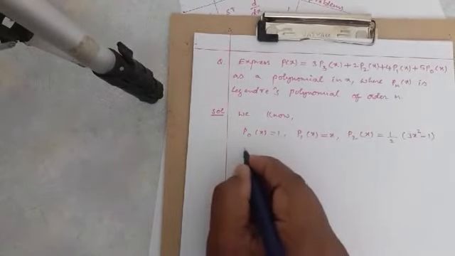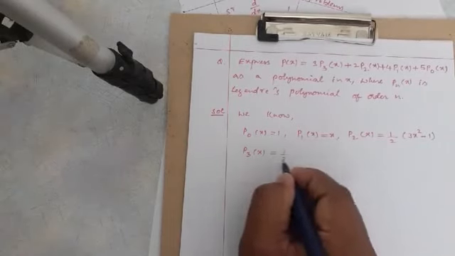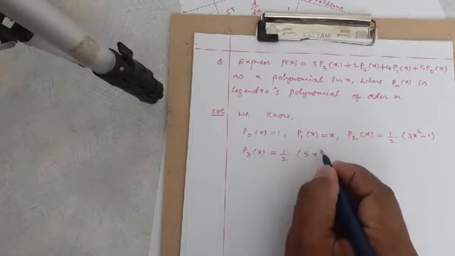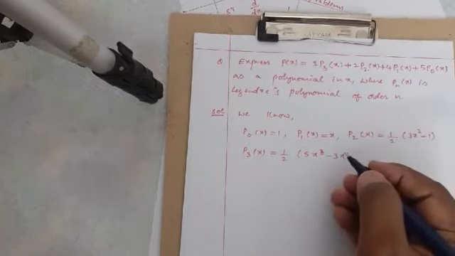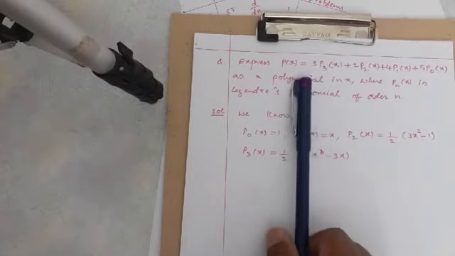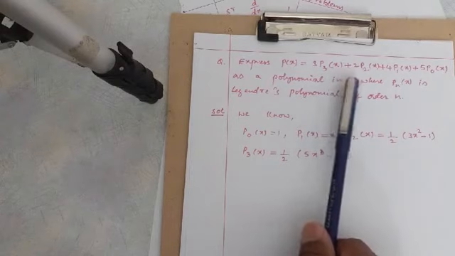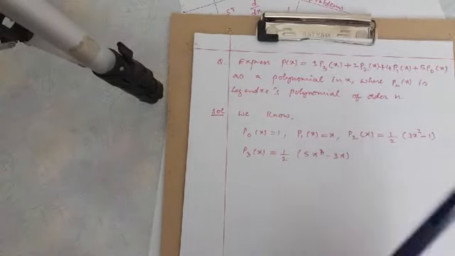Then P3(x) is 1/2 (5x cube minus 3x). Now you can observe the problem. In the previous problem there was f(x). Now here it is given p(x). Here we can directly substitute whatever Legendre polynomials are there in the problem.